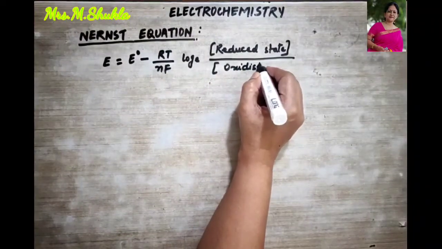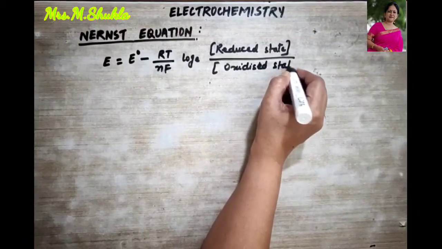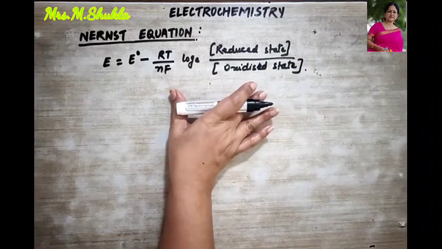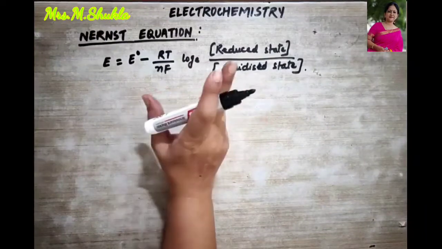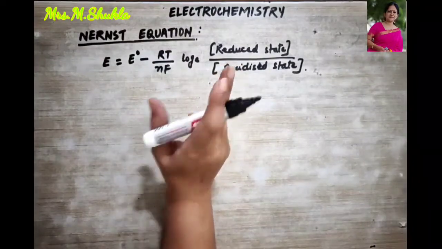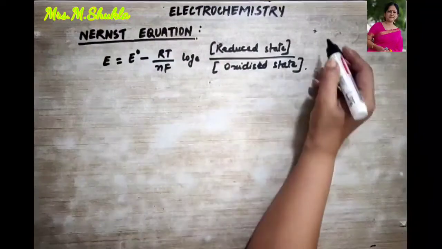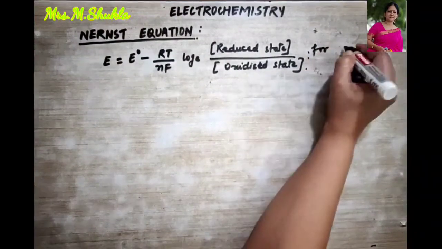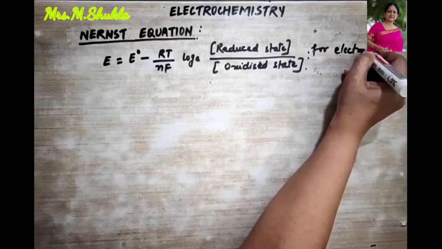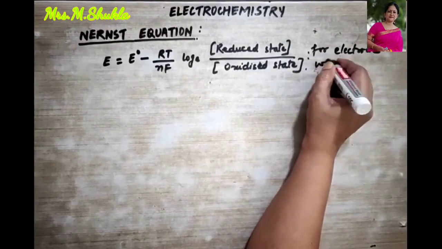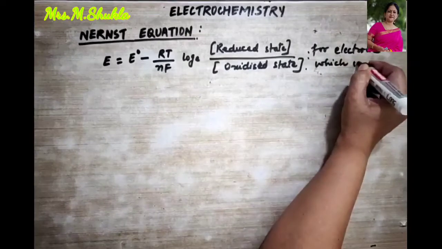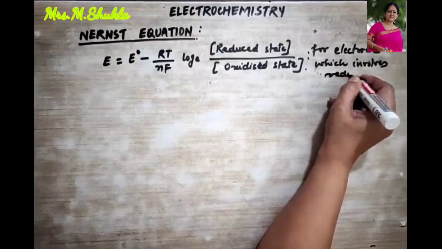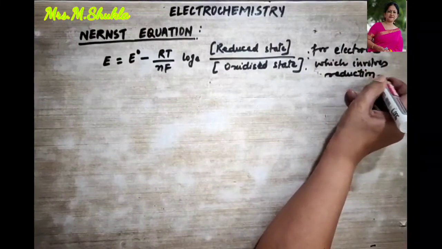Okay, oxidized state. So when is this used? This equation is used for an electrode which involves the process of reduction.